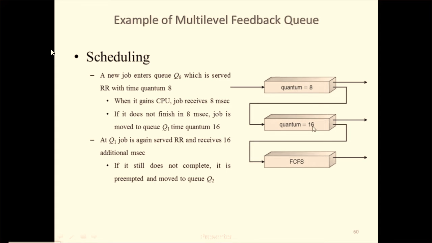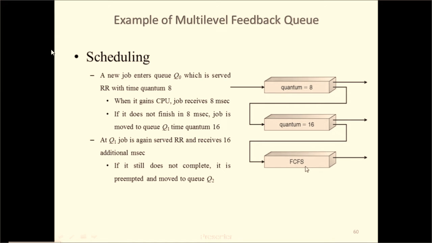Now two things can happen. One, the process might complete its execution and then move out of the system. If it does not, then the process is moved to Q2, which provides FCFS. And what happens in FCFS? CPU access is given to the process.